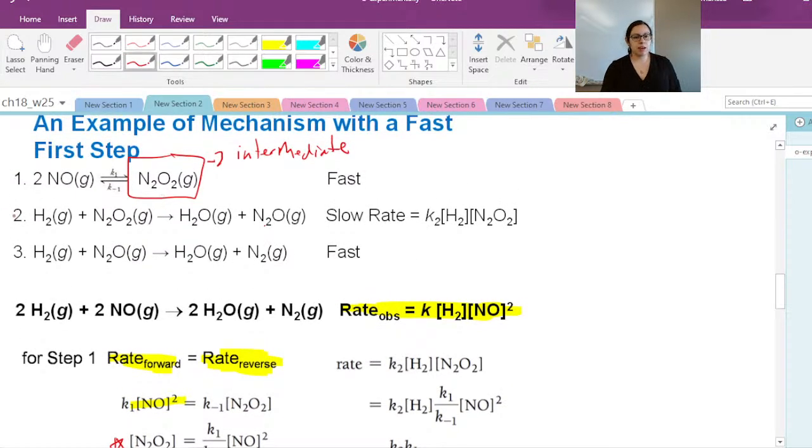You'd be given this mechanism. It says step 2 of this reaction is our H2 plus our N2O2 intermediate, and it tells us slow rate. Just writing it generically: whatever our K2 is times our concentration of H2 times our concentration of our intermediate.